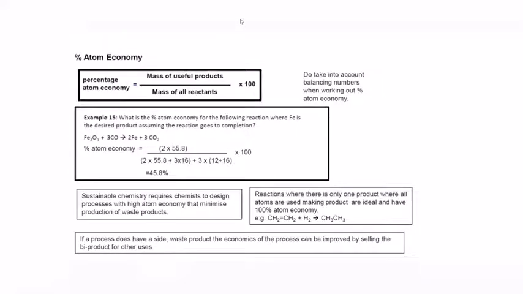Then what is percentage atom economy? It's the mass of a desired product or a useful product divided by the total mass of reactants, multiplied by 100.